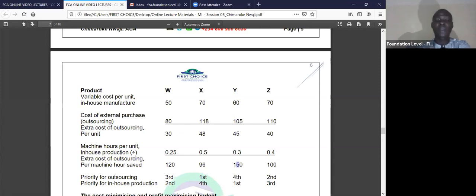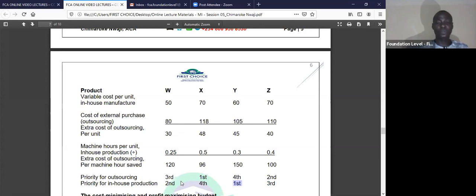That's why, for priority for in-house, you see 150 under product Y is ranked first. The second one is product W, which ranked second. The third is product Z, and the last is product X.